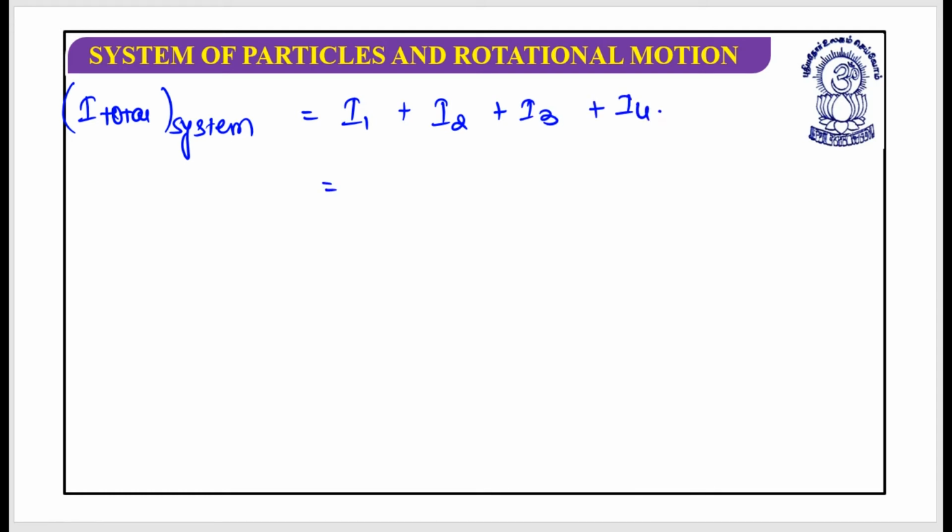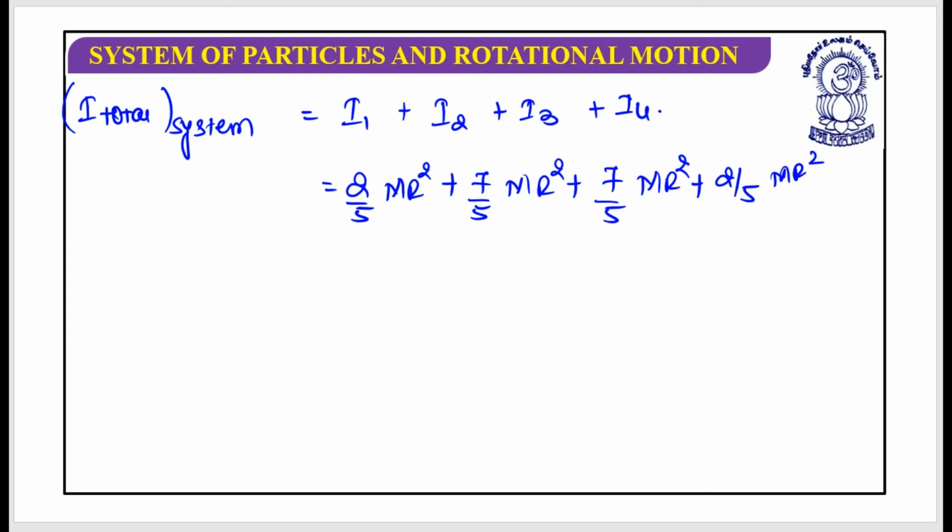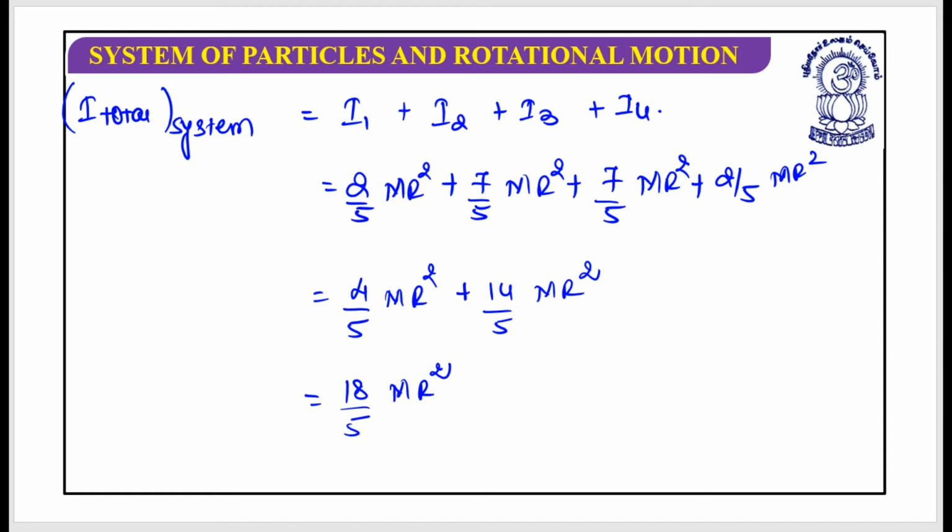I1 is 2 by 5 mr square, I2 is 7 by 5 mr square, I3 is 7 by 5 mr square, and I4 is again 2 by 5 mr square. So 2 plus 2 is 4 by 5 mr square, plus 7 plus 7 is 14 by 5 mr square. Together, 4 plus 14 gives 18 by 5 mr square. This is the moment of inertia of the system.